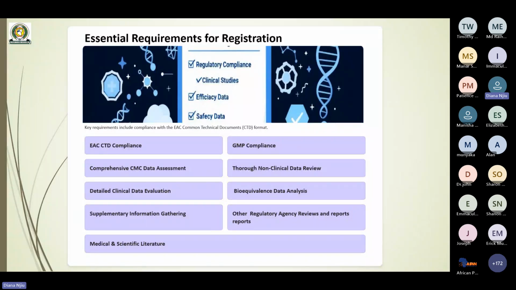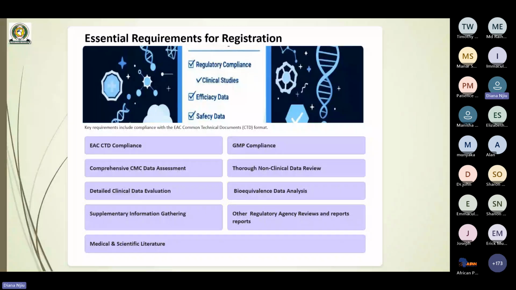Sometimes there may be some reliance on information from other regulators. So if there's a possibility of accessing the reports, then they can be submitted or some communication may be done. And also medical and scientific literature is part of the package. So once you're submitting through this route, you should be aware of these technical requirements.